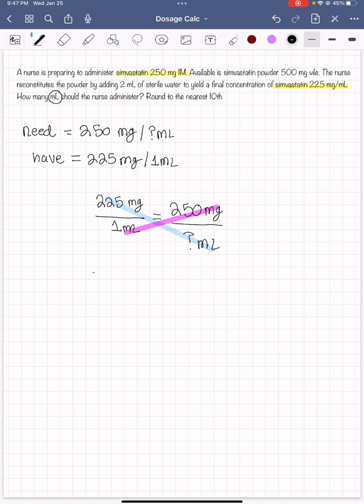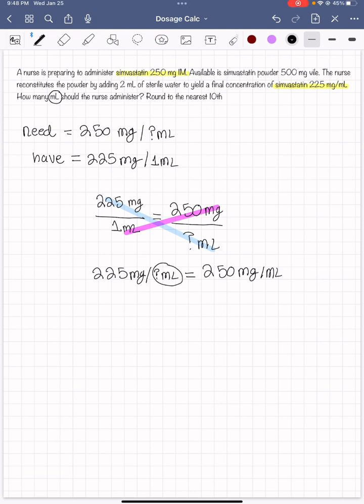So that is going to give us 225 milligrams per unknown milliliter. And that's going to be equivalent to 250 milligrams. You multiply that by 1. What is that? 250 milligrams per milliliter.